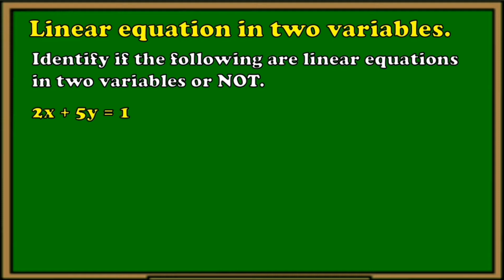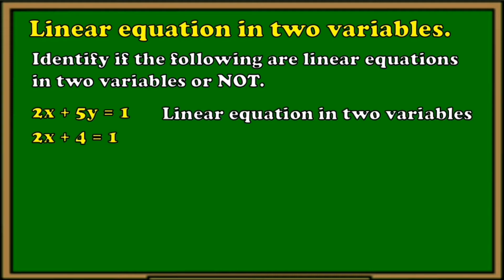Next example, 2x plus 4 is equal to 1. It has only one variable, so meaning this is not a linear equation in two variables.